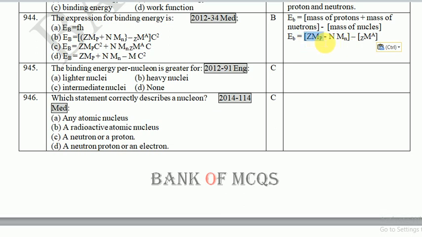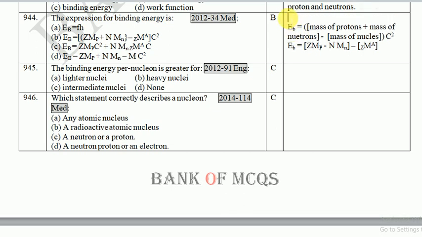In this equation, this is the mass defect, same as I wrote above. E is equal to mc square, so we will multiply the mass defect by c square, or EB, that is the binding energy, is equal to mass defect multiplied by c square.